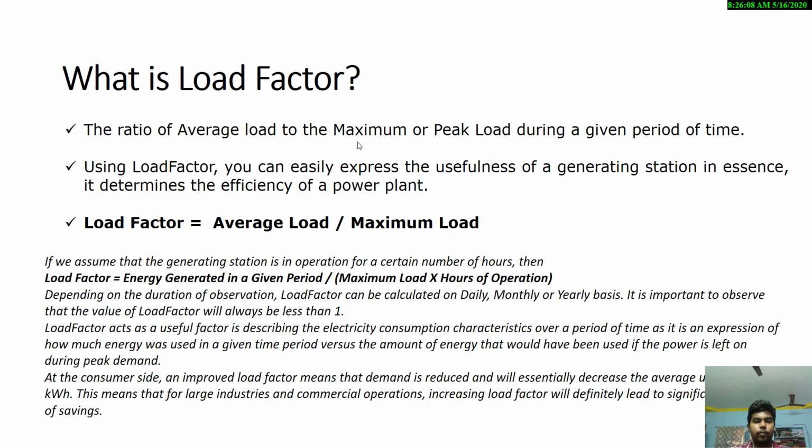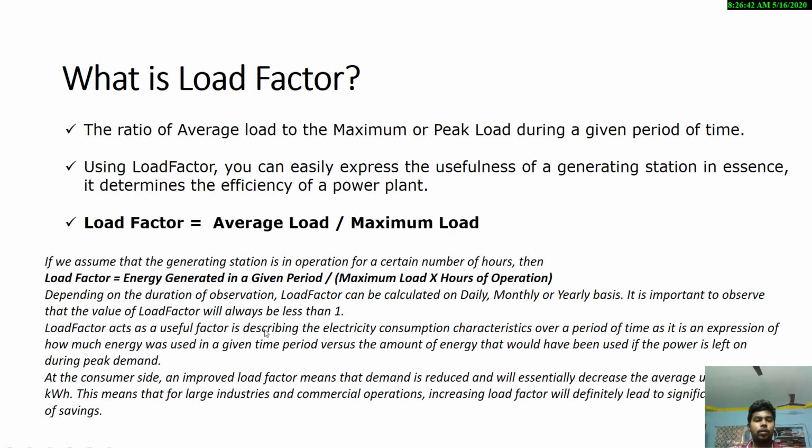What is load factor? It is the ratio of average load divided by maximum load, that is the peak load. Using load factor, we can easily judge the capacity of the generating station, and determine the steps to improve the efficiency of the power plant.